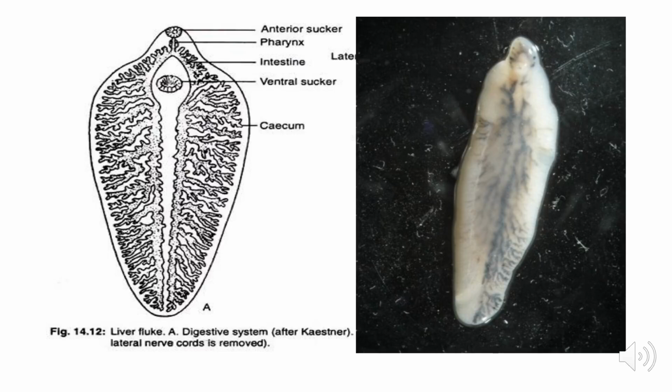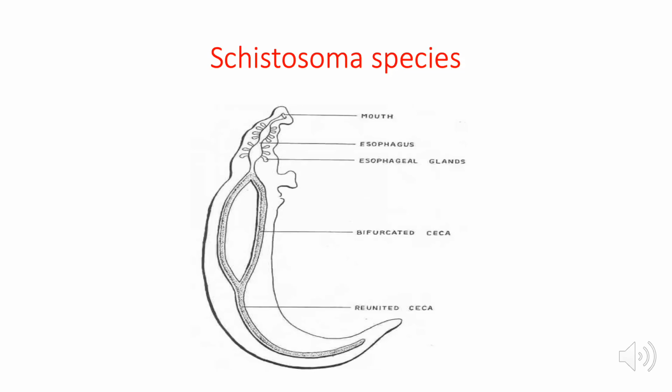intestines. In the case of Schistosoma species, their intestine will also bifurcate. But unlike in the case of most trematodes, the bifurcated intestine will later fuse at the distal end of the worm.